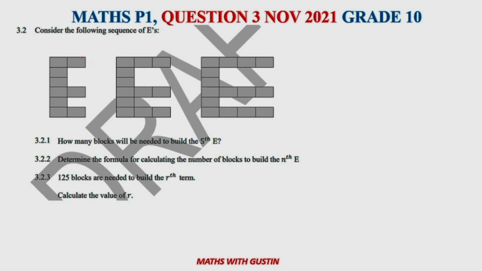diagram. Okay, we've got 1, 2, 3, 4, 5, 6, 7, 8, 9. So the first one is 9. So same thing applies here. 1, 2, 3, 4, 5, 6, 7, 8, 9, 10, 11, 12.